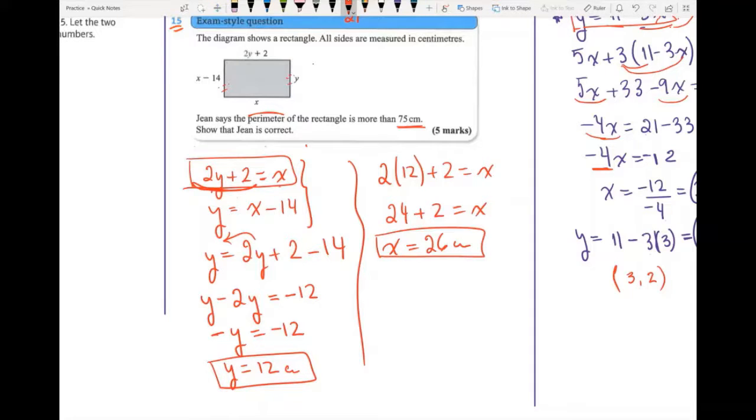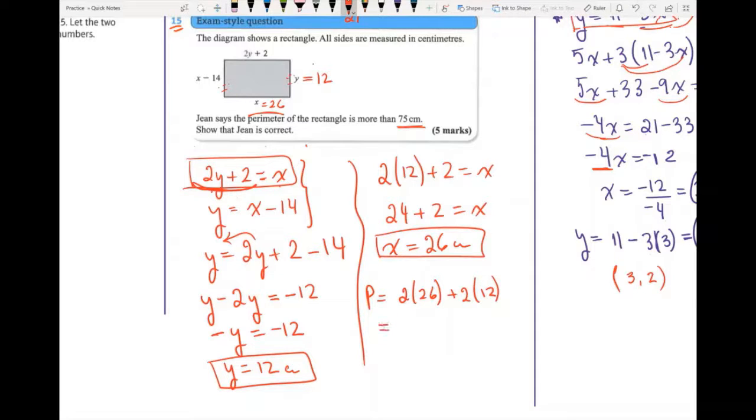So if I want to replace the values here, this is the width, which is equal to 12, and this is the length, which is equal to 26. Now we need to find the perimeter, and you know that the perimeter is the sum of the sides of the rectangle. So you have 2 times 26, and the two sides of 12, so plus 2 times 12.